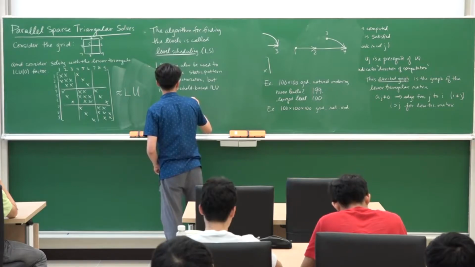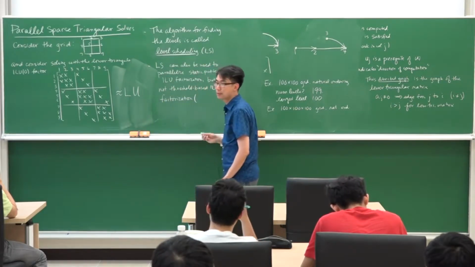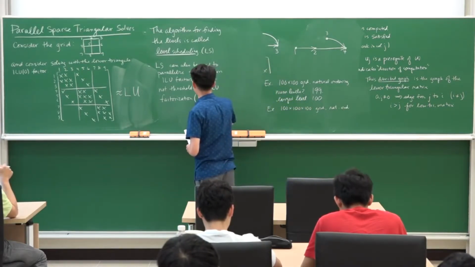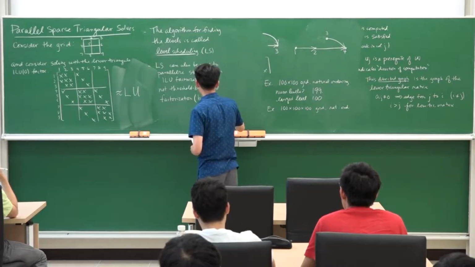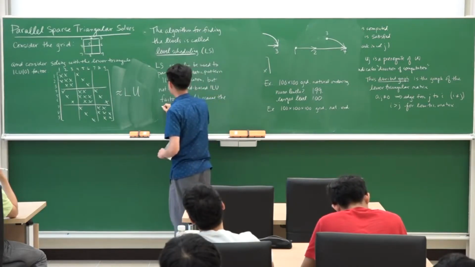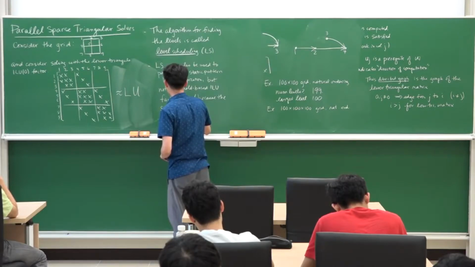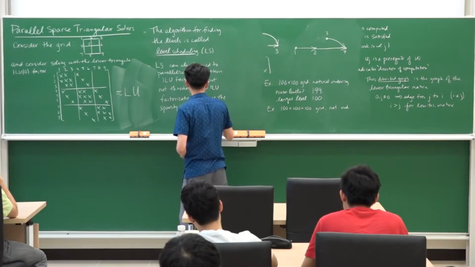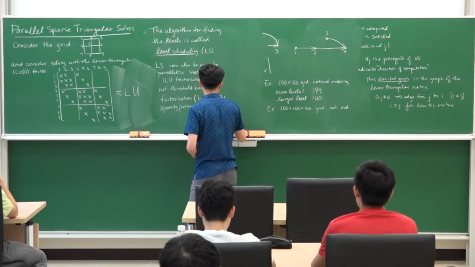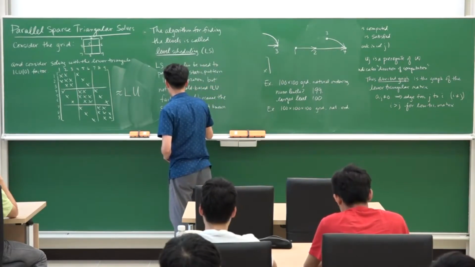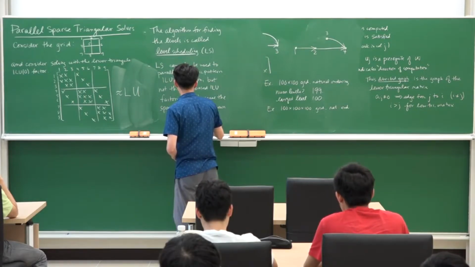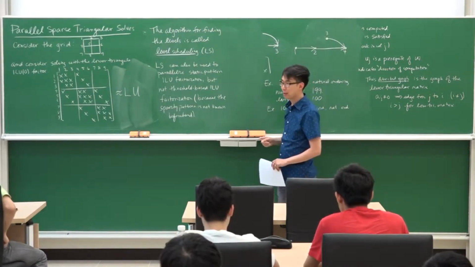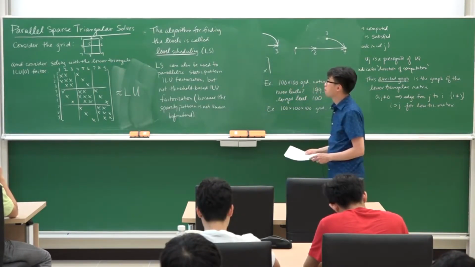And the reason for that is because the sparsity pattern is not known in these threshold algorithms. But once the triangular factors are computed here, then it can be parallelized using level scheduling. Okay?